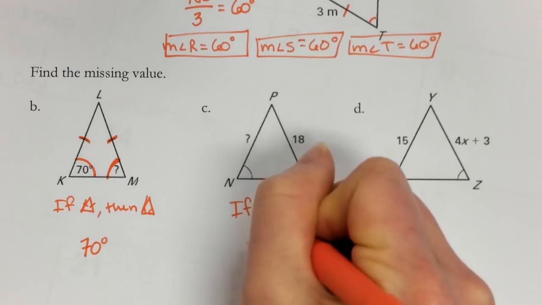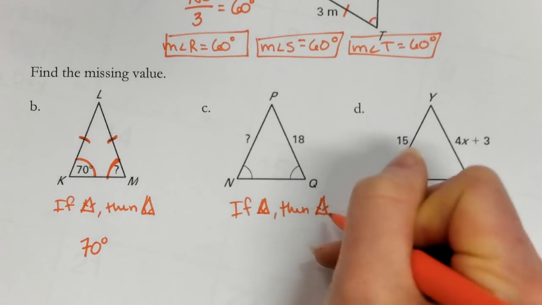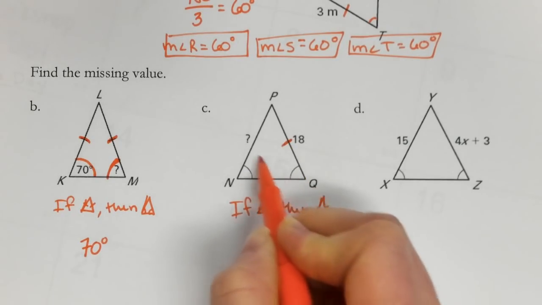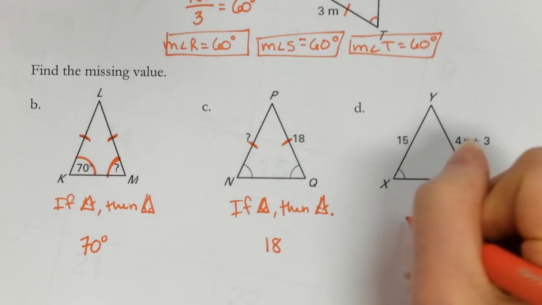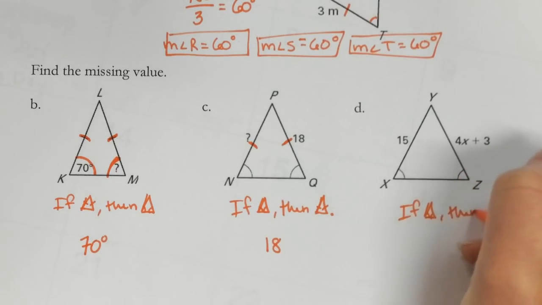If 2 angles are congruent, then 2 sides are congruent. So 2 angles across, the angle is across, so it would be 18. If 2 angles are congruent, then 2 sides, so I go across.